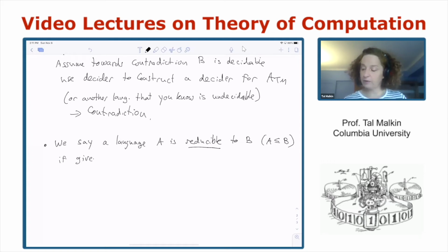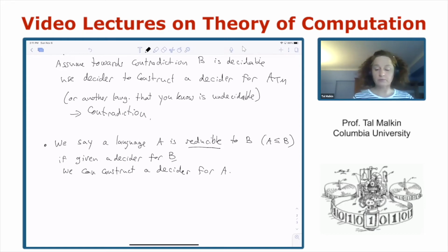If given a decider for B, we can construct a decider for A. Okay, so in general, this is called a Turing reduction. This is the reduction I'm defining here. I'm not going to define it fully formally. You will see in a later lecture a formal definition of this Turing reduction, using a formal description of a Turing machine that can call the decider for B. So I will not define it more formally than this, but I want to say something about this notation.